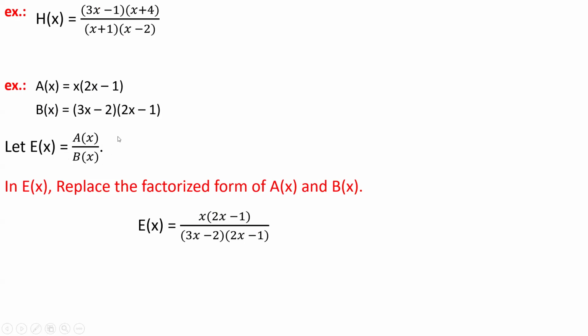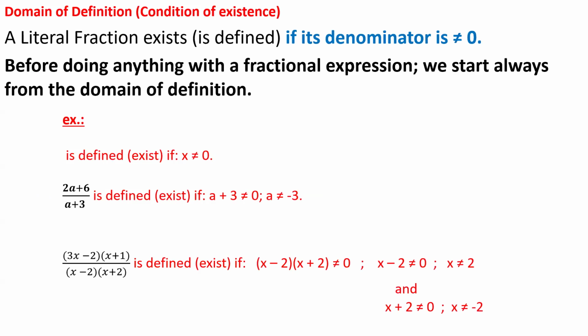So I should write e of x, replacing the factorized form of a of x in the numerator and the factorized form of b of x in the denominator. So I get x into 2x minus 1 over 3x minus 2 into 2x minus 1. This is how we write e of x as a fractional expression.